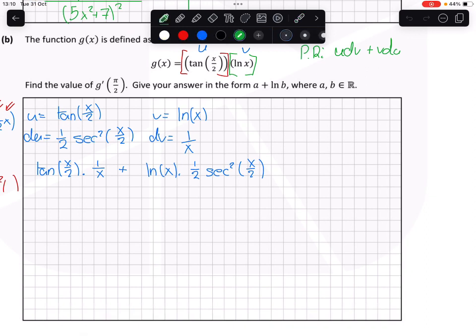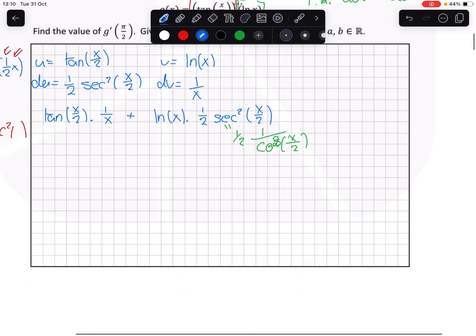So right here, we have a half times sec squared, which as we said is going to be 1 over cos squared x over 2. It just makes it a little bit easier to deal with. So if we go ahead and find g prime of pi over 2, that means that we now have the tan, and if we stick pi over 2 in here, we're going to have pi over 2 divided by 2, which is pi over 4, plus 1 over pi over 2.